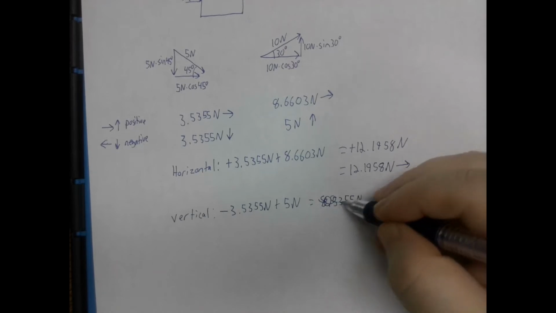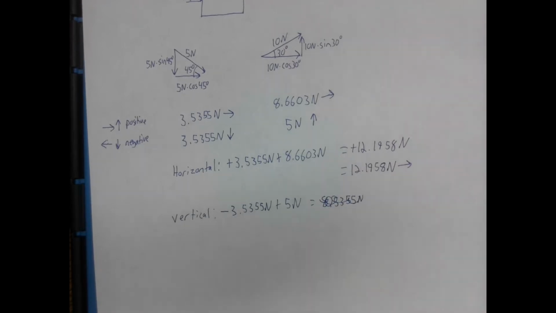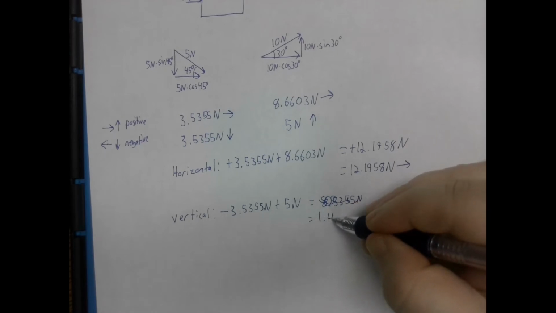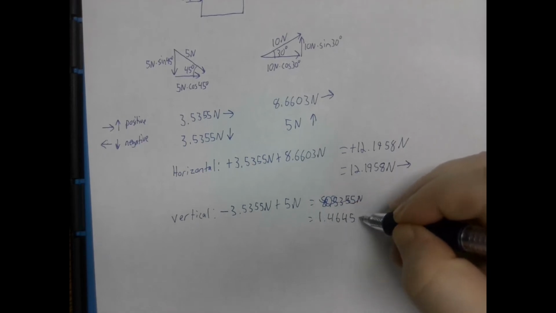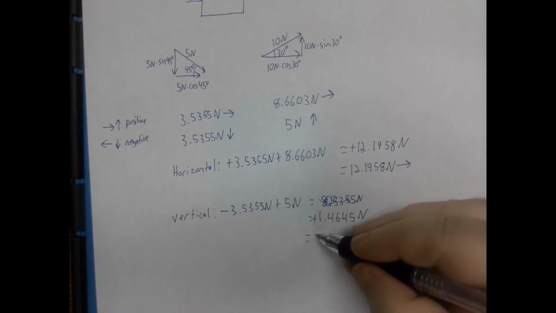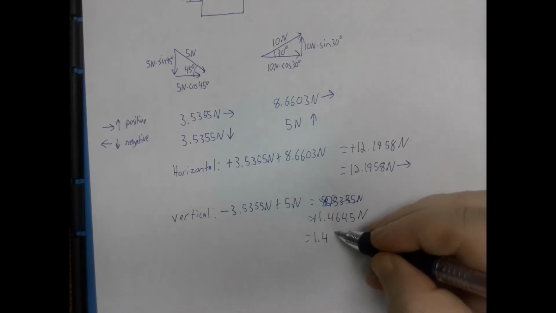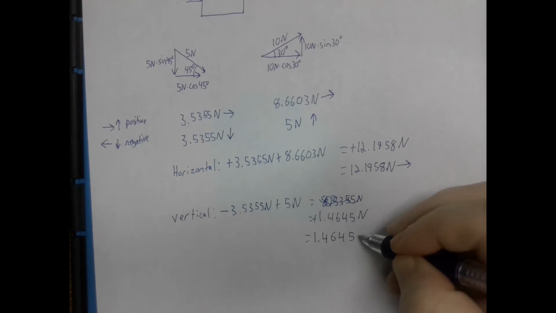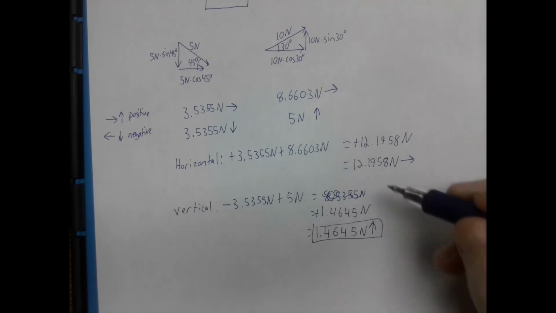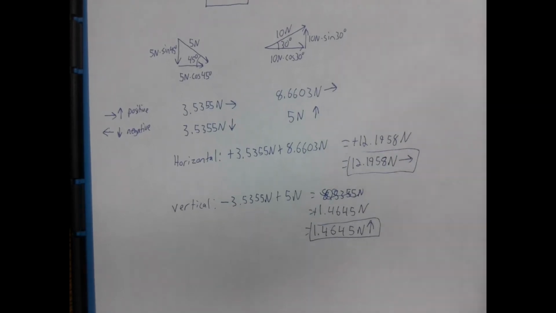No, it wouldn't, because it's a negative. It would equal 1.4645 newtons. This number is positive, so it would be in the up direction. So these are our vertical and horizontal components.